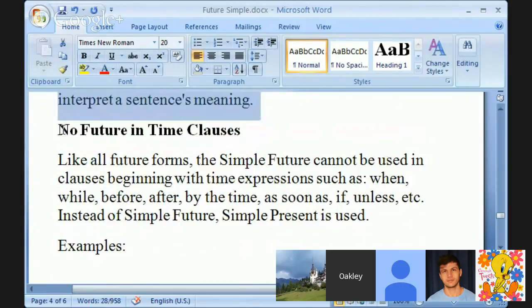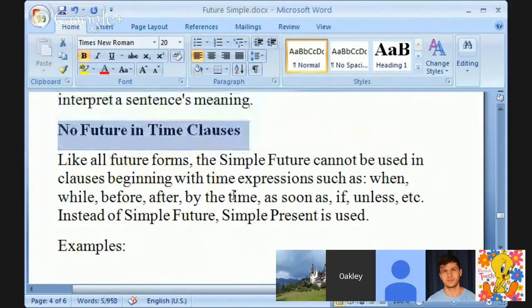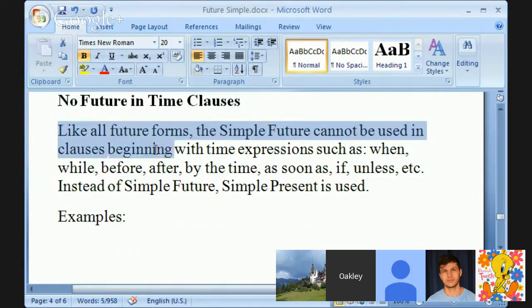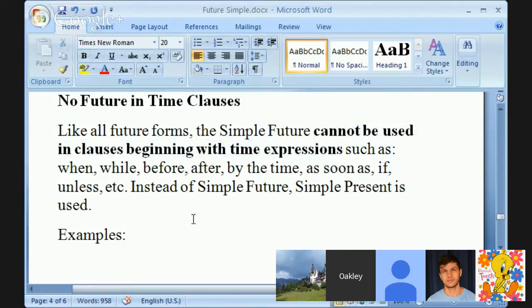An additional point, which you absolutely need to know, which touches on something Oksana said earlier, which I knew was coming up, so I didn't go into it earlier, but pay attention, Oksana. Like all future forms, the simple future cannot be used in clauses beginning with time expressions. This is a very important rule. Such as when, while, before, after, by the time, as soon as.